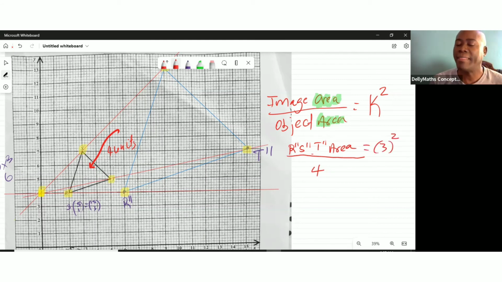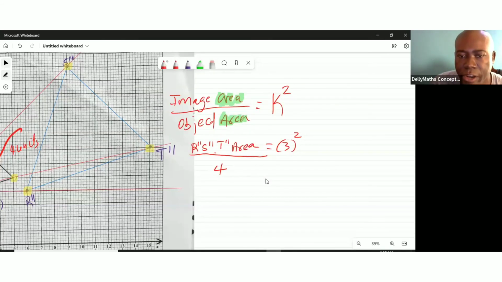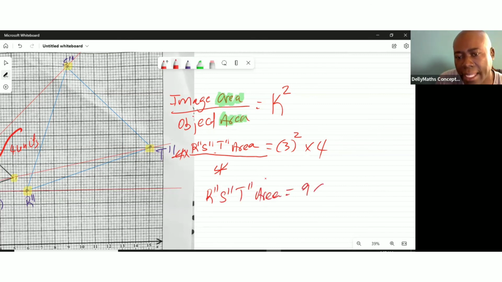The simple mathematics: we multiply both sides by 4, so that you could see that this cancels here. So then we're saying that the R double prime, S double prime, T double prime area is equal to 9 times 4, which is 36 units.